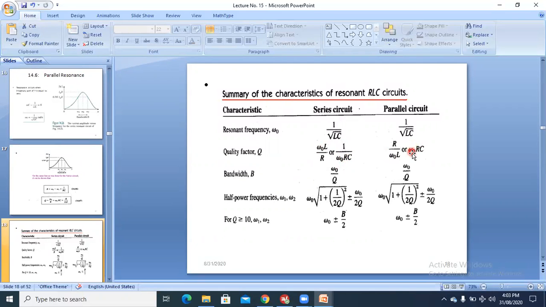In the parallel circuit, the quality factor is omega naught RC. So all the rest of the factors we can calculate in the same way as we calculated in the series circuit.